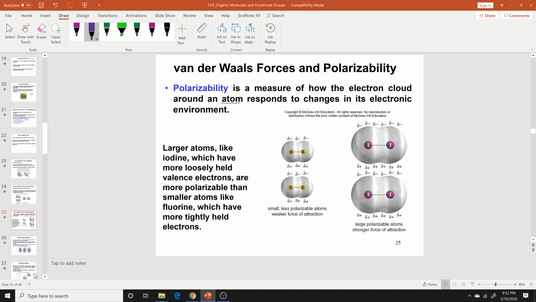As you can see, fluorine is smaller in size, so the electronic cloud around the fluorine occupies a smaller surface area compared to the electronic cloud around the iodine, which occupies a greater surface area. So the larger the atom is, the more polarizable it is, and the stronger the forces of attraction.